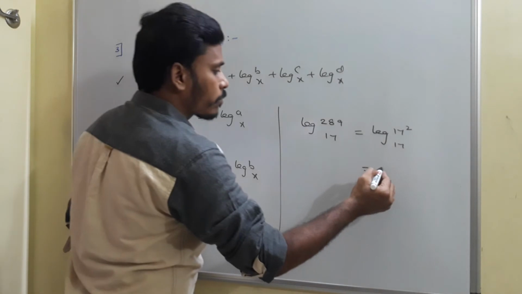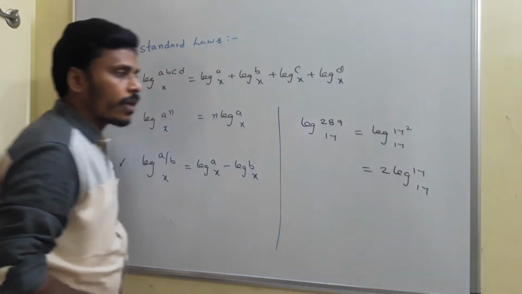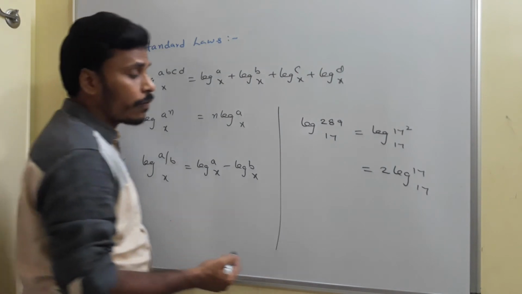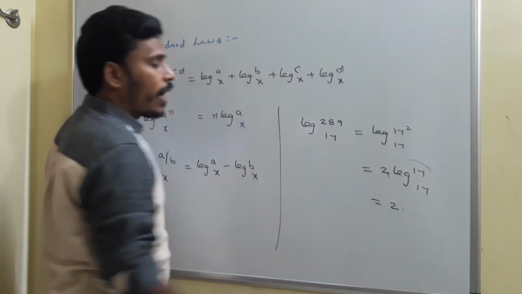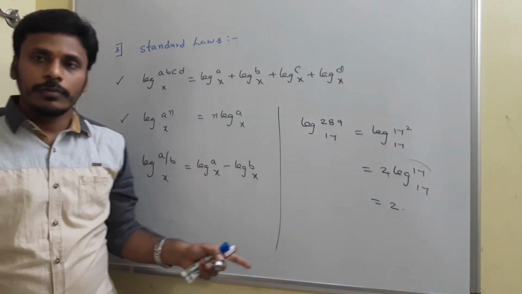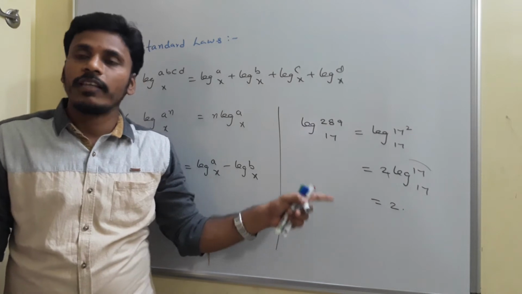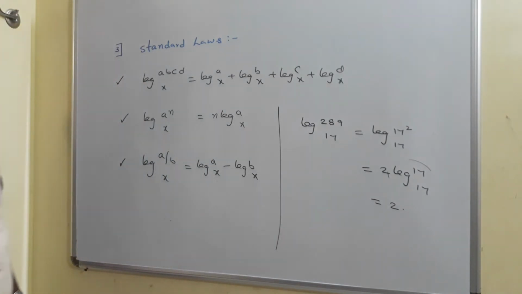Then it can be expressed like this: 2 logarithm of 17 base 17. And this log 17 base 17 is 1, so at the end its answer is 2. So using the laws of logarithms, we can directly find the values of logarithms in such a manner. Is it clear?